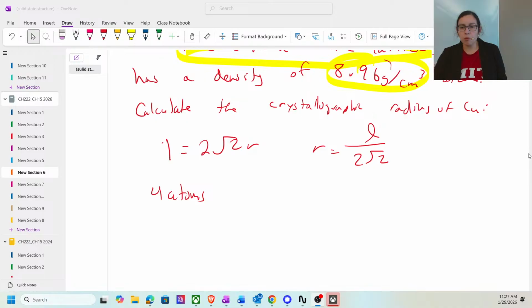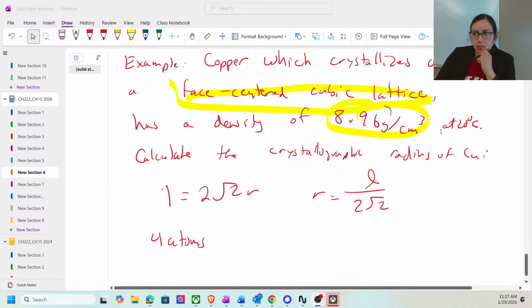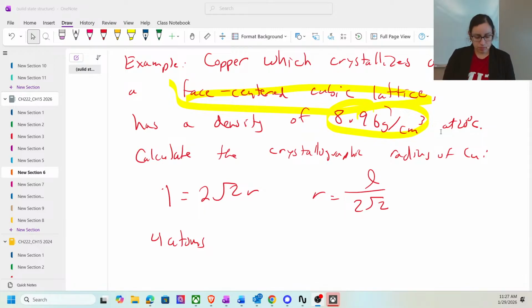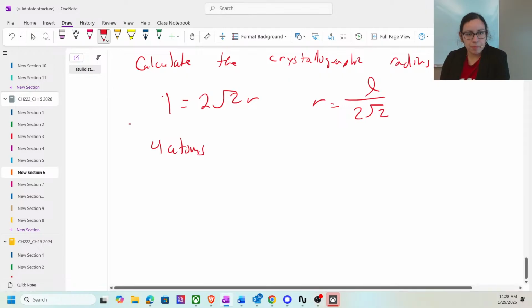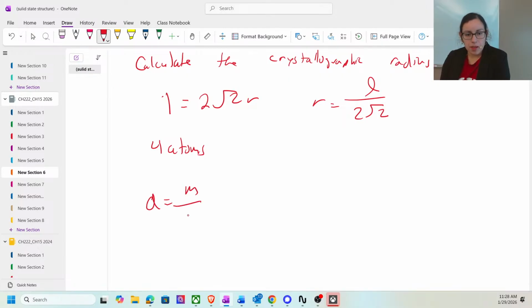Well, you're trying to find the radius of the copper atom, right? But you're given the density. And then what other little part do we need? So density equals mass over volume.